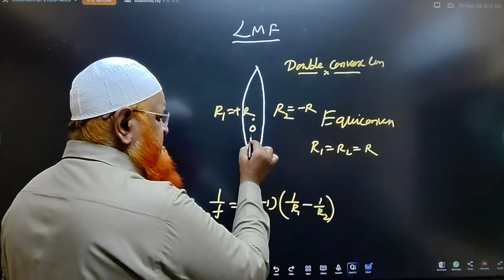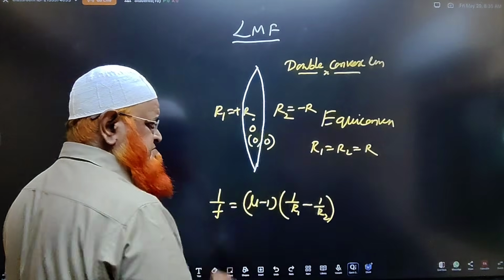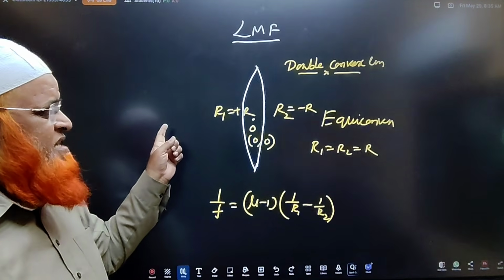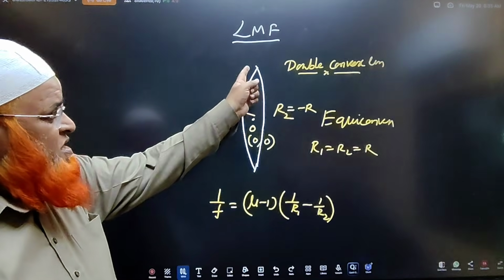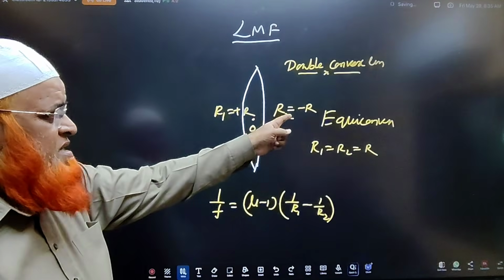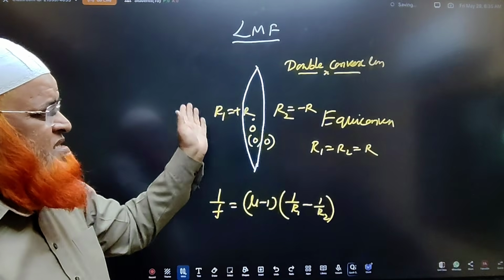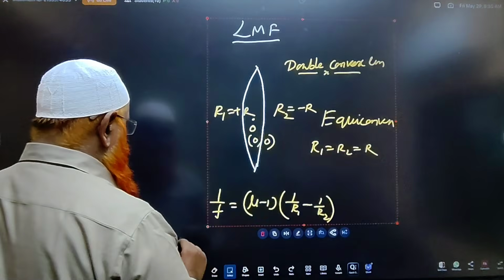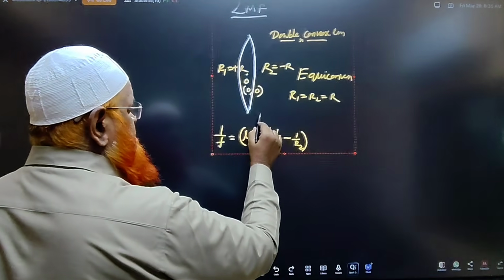Because this is an optic center which is considered as origin, whatever comes left side of an origin is taken as negative. So this curvature center is left side, so minus r, and this curvature center is right side, so taken as plus r. So we use this formula here and find out what is the focal length of the lens here.